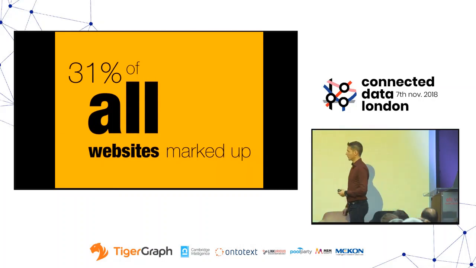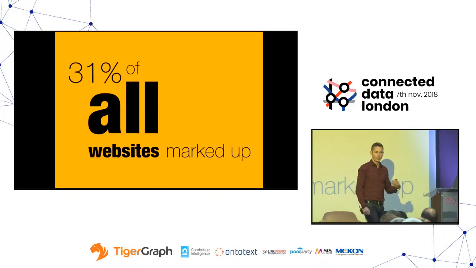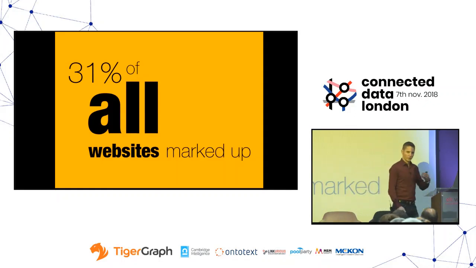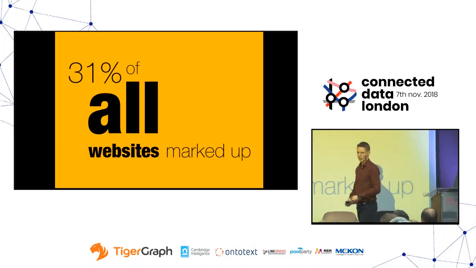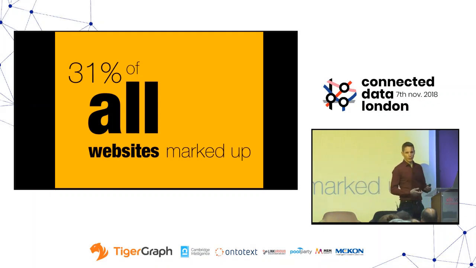In fact, we see that today, roughly 1 out of 3 websites out there are marked up in such a way. So saying that the semantic web is kind of not entirely true anymore. It's now at the same scale as the web, on the same order of magnitude as the web itself. So that's a huge amount of data that's out there in a highly structured form, with well-defined semantics.